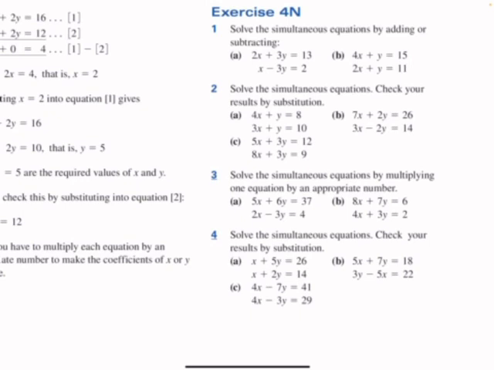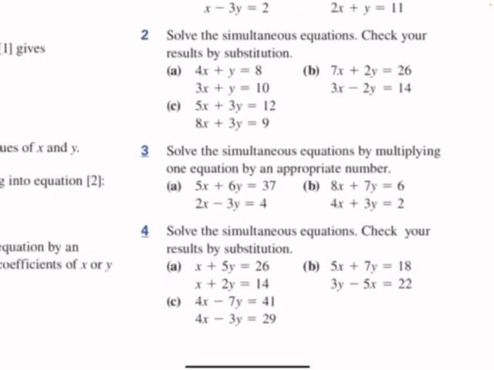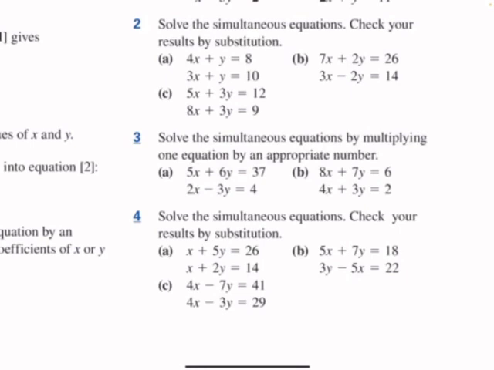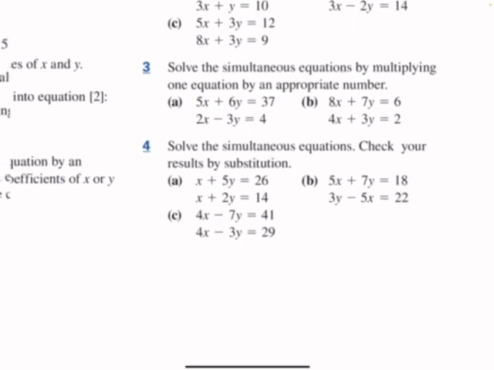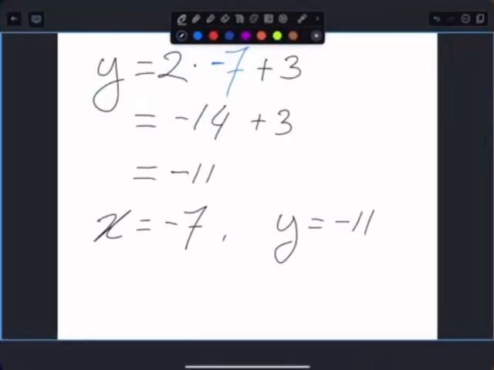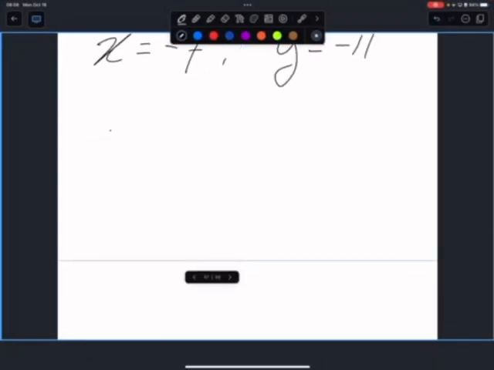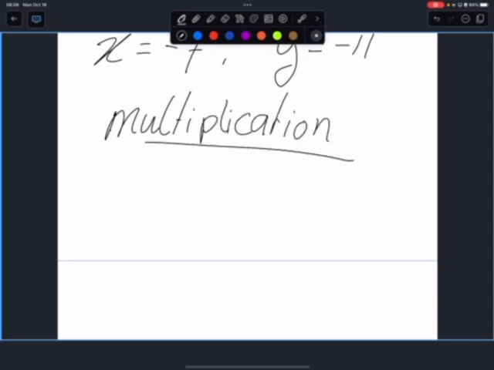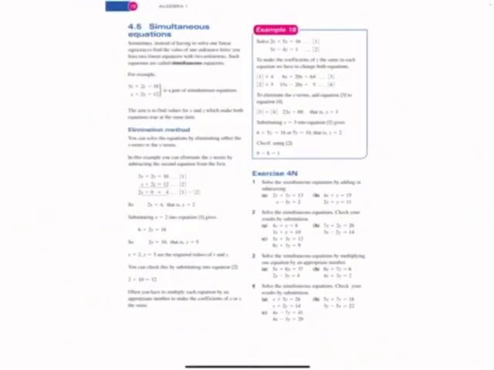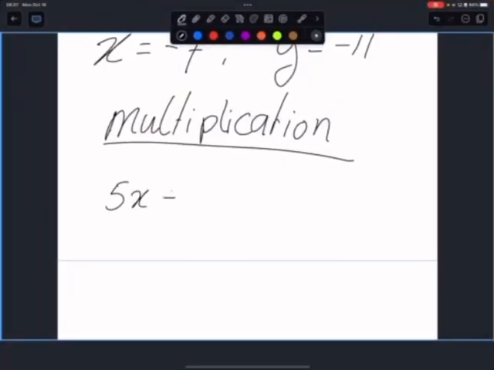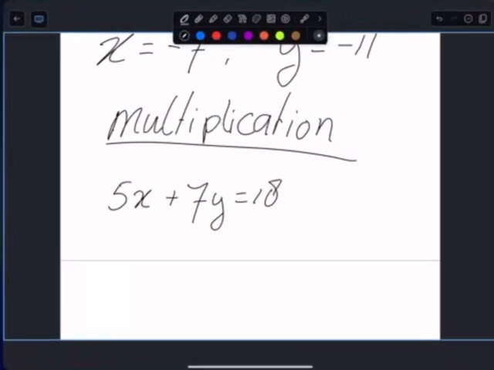The last one is about multiplication. You multiply both equations in order to subtract one of them. 5x plus 7y equals 18, 4x plus 3y equals 2.